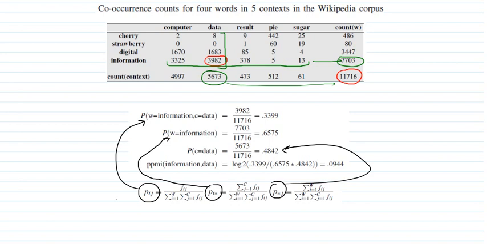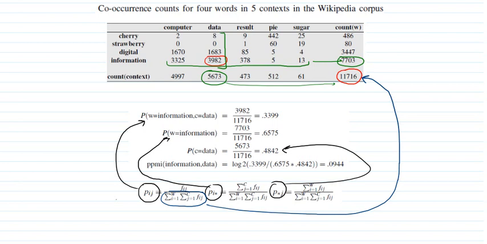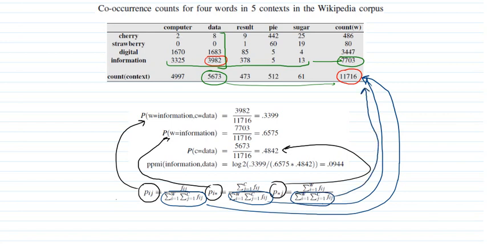So this term corresponds to this total value, and this also corresponds to the same thing, the total value, and this corresponds to these values, that is, individually for a given word, the summation of all the contexts.